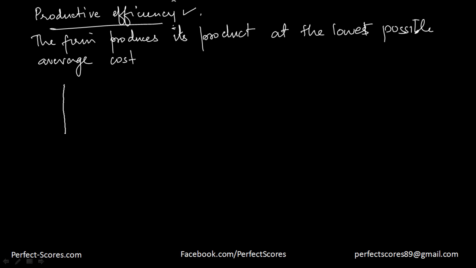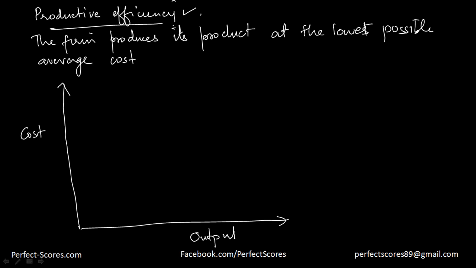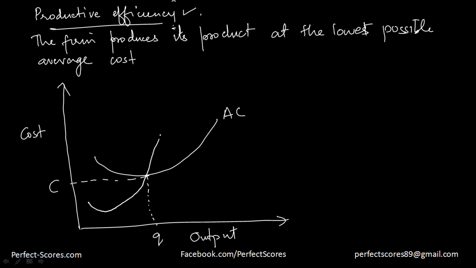If I draw the cost curve, with cost on this axis and output on this axis, this is the average cost, and this is the lowest point of the average cost. This is the output the firm will be producing, and this is the cost the firm will be incurring. The marginal cost curve cuts the average cost curve at its lowest point, so at productive efficiency, marginal cost is equal to average cost.